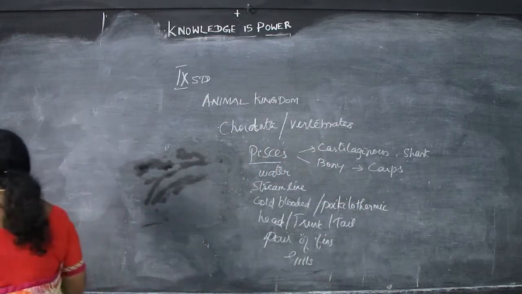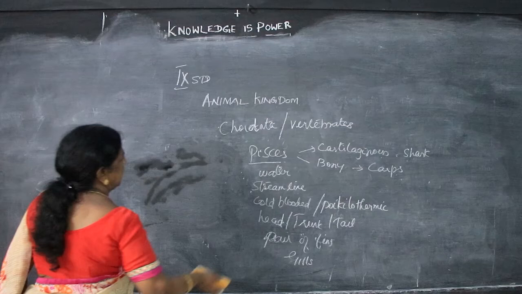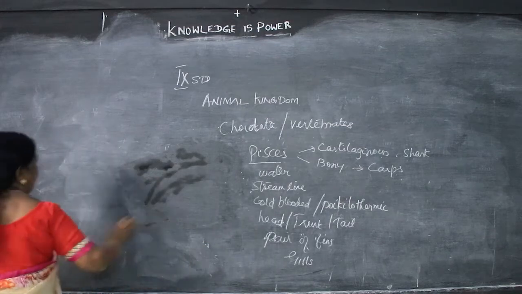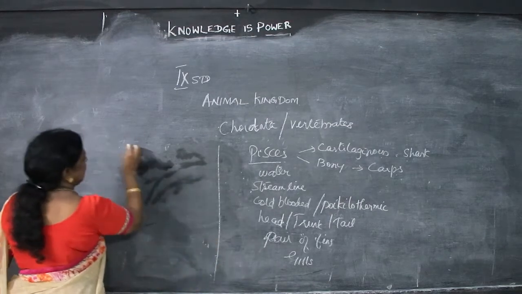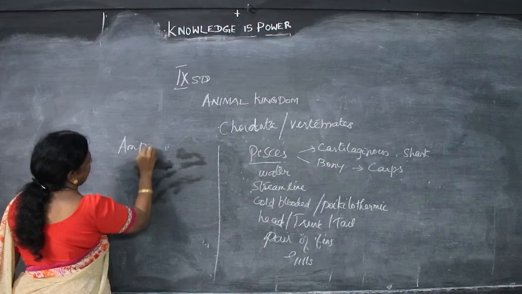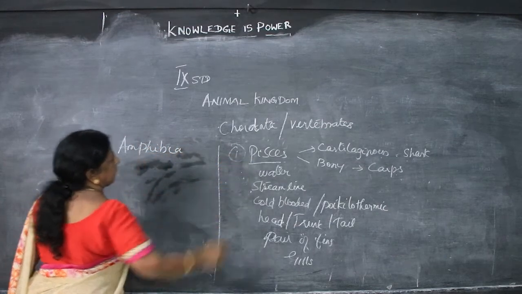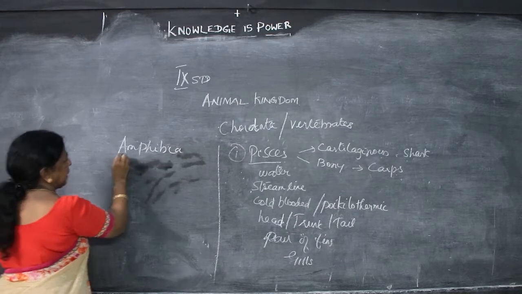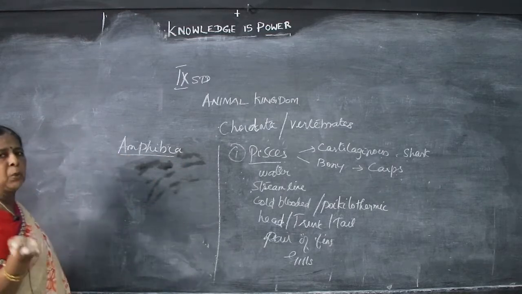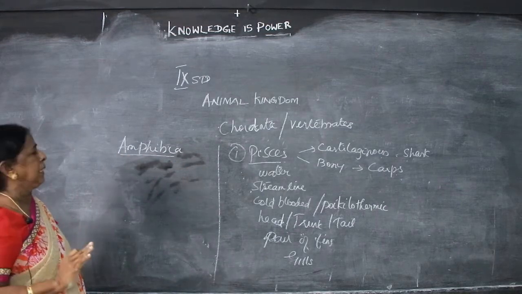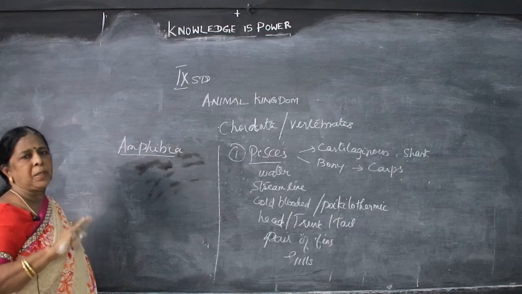That is amphibia. So Pisces, next we have to see amphibia. In the vertebrates, which one comes first? The water animal only. Pisces is the first one. Next, amphibia. This is the animal which has the adaptation to live both in water as well as on land.